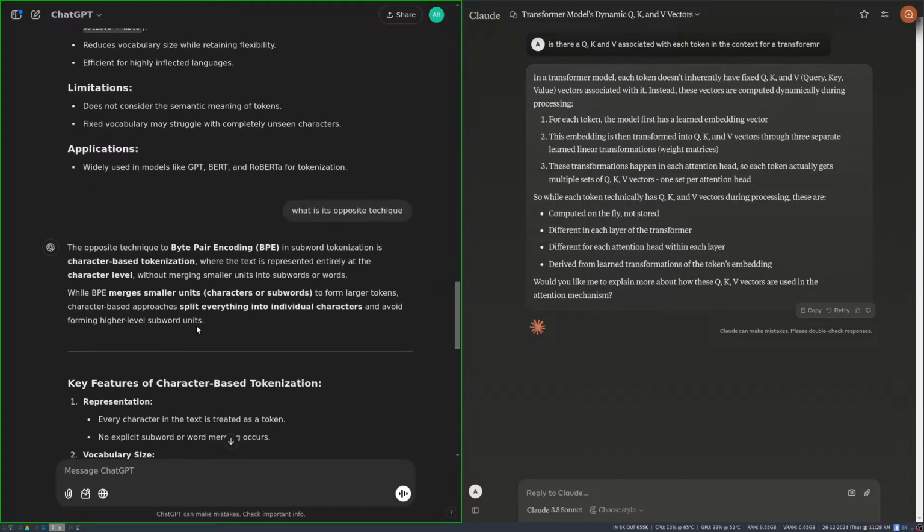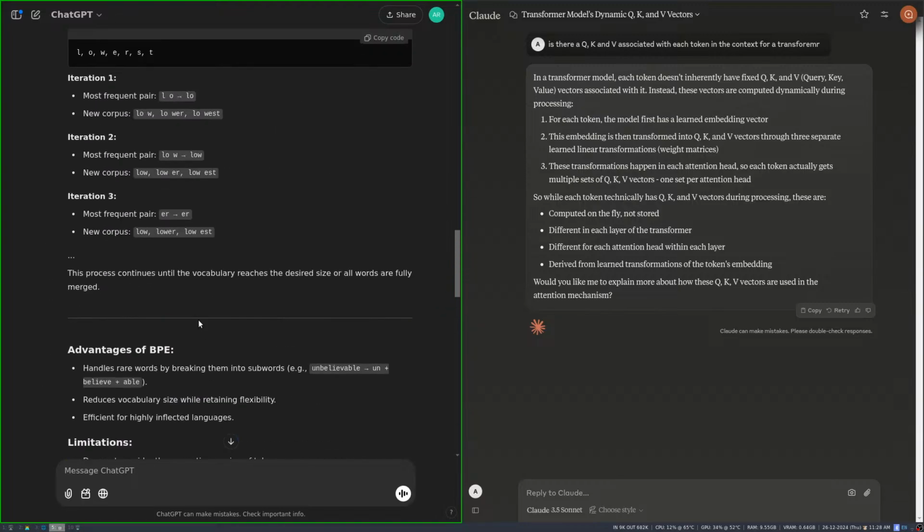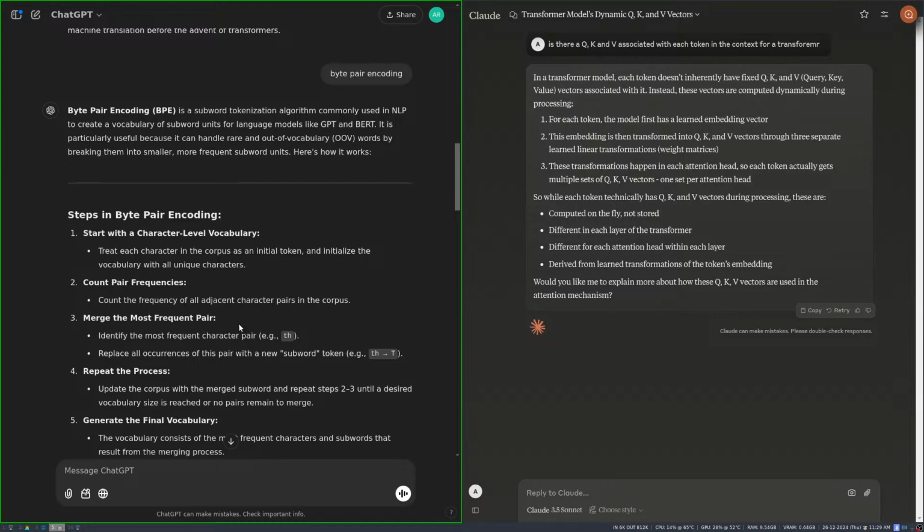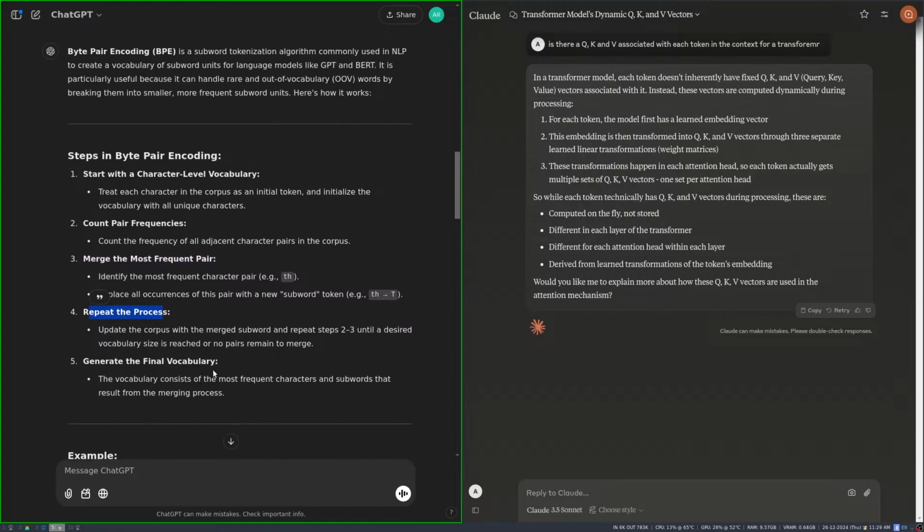I think I confused byte pair encoding with this thing. So byte pair encoding starts with a character level vocabulary, counts pair frequencies, merges the most frequent pairs, and repeats the process. Okay, that's cool.